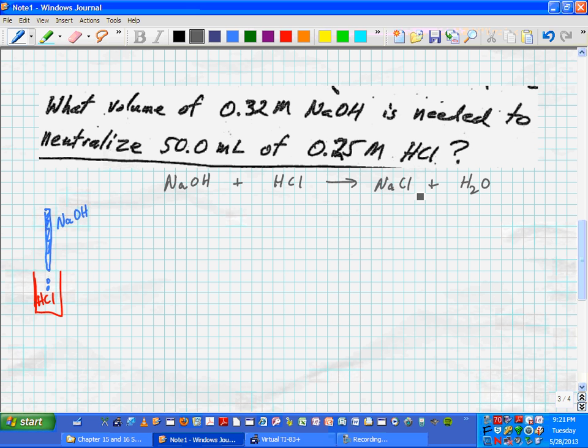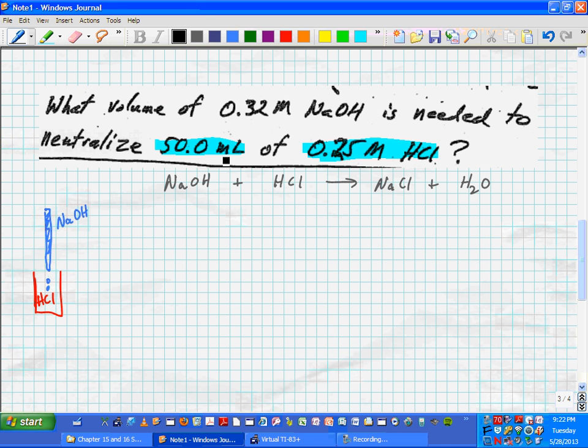I am looking for a volume. So what I'm going to do is start with a volume that I can convert. So here's a volume that I've got, and I can convert it because I know the concentration. So that's what I'm going to start with.